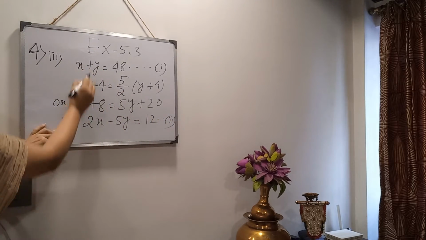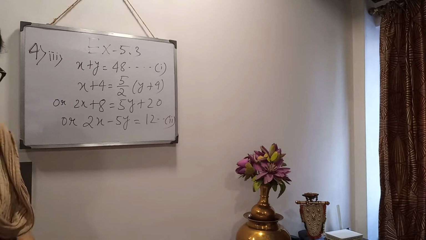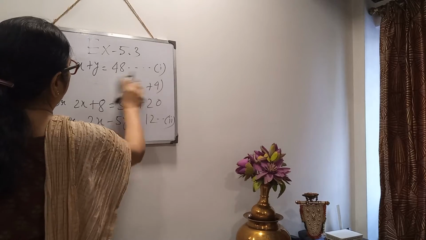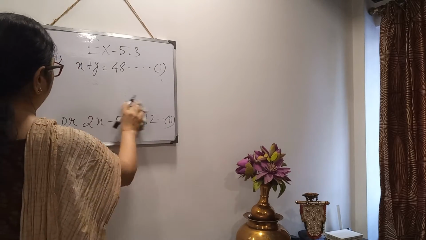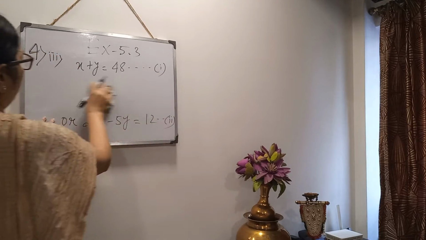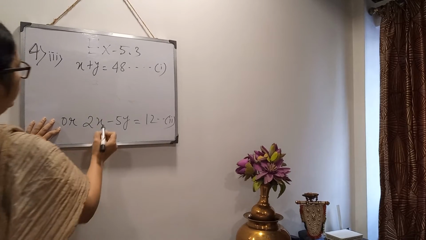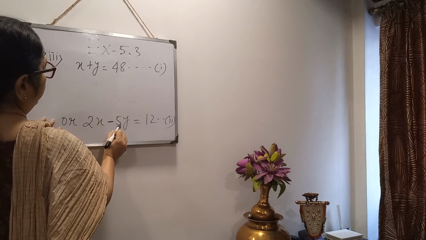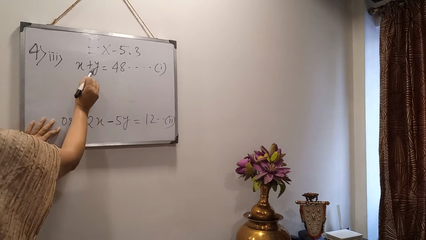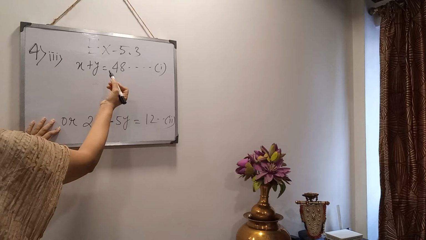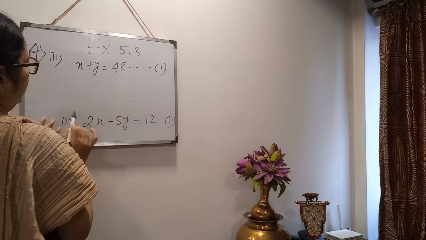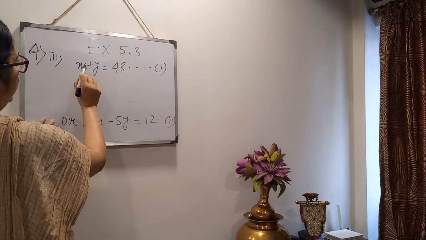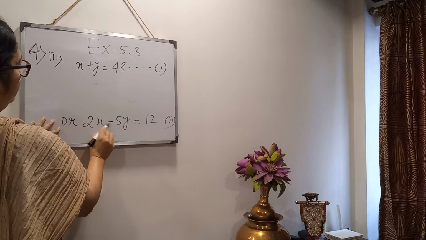This and this are the same type. Clear? Now from these two equations I will eliminate either x or y. Now see, there is plus and there is minus. So if I make the coefficient of y the same by multiplying equation number 1 by some number, then after adding, y can be eliminated, as this is plus and this is minus.